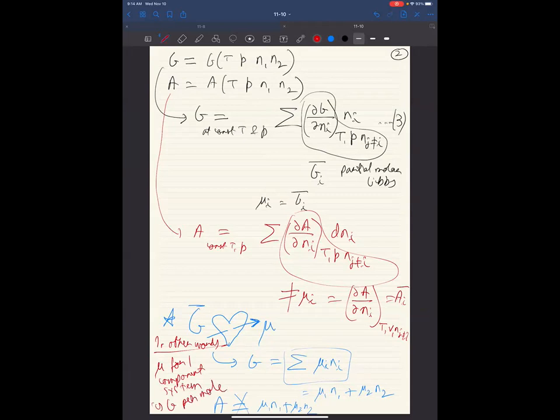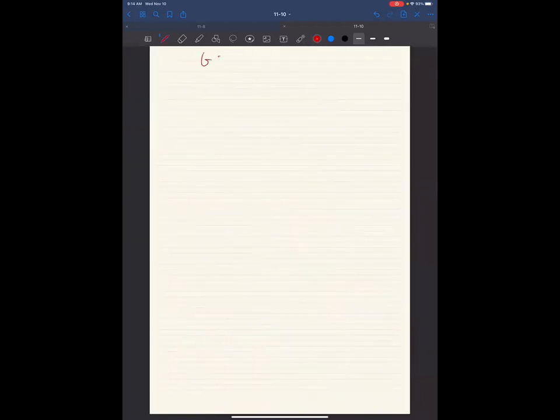And this is a concept that is in retrospect obvious, but it often slips. So if you look at our relation over here, let's call it equation number 4. We just showed that in equation 4, G is equal to mu1 n1 plus mu2 n2 plus mu3 n3 and so on.